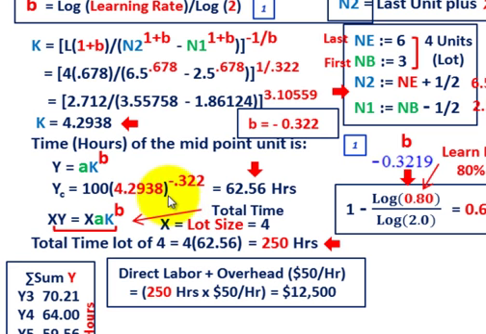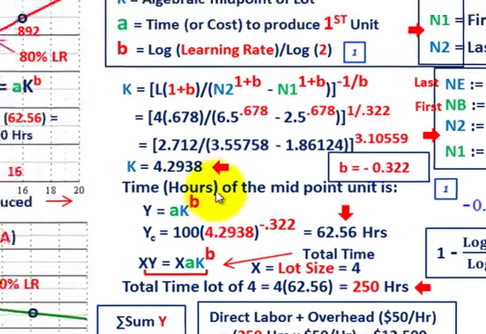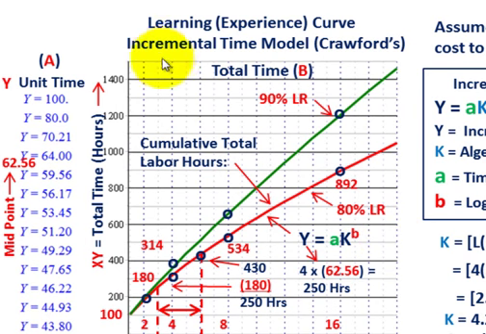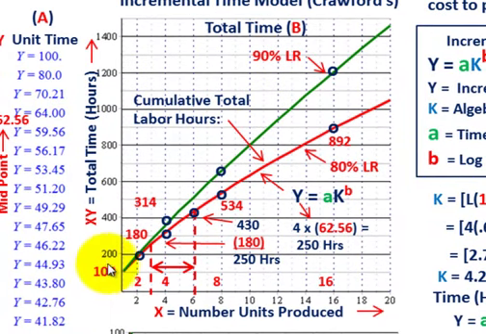So let's go up and look at it on our graph. We're going to start out with our incremental time model, this Crawford's model, and look at it in terms of our total hours. That was that x times y function, where our initial cost was 100 direct labor hours to build our first product.